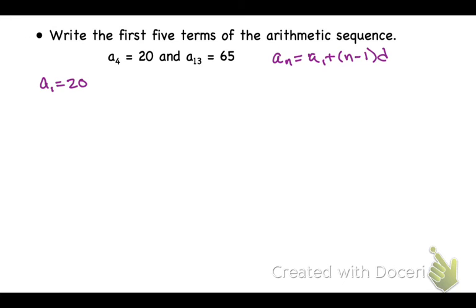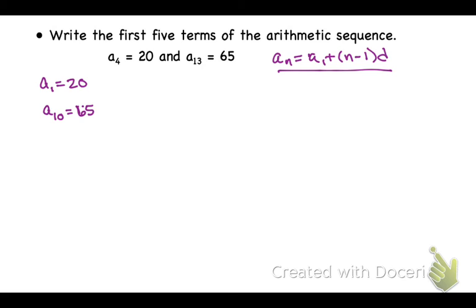10. I just kicked them back how much? 3. Why did I pick 3? I made a sub 4 into a sub 1. Now if I have a sub 1 and a sub 10, can I find my difference? Yeah. So we're going to use my formula a couple times here.